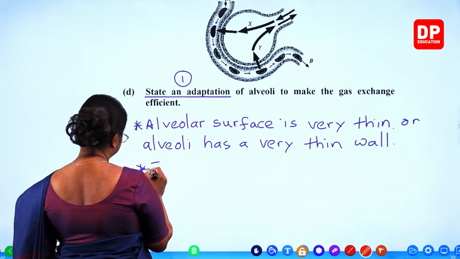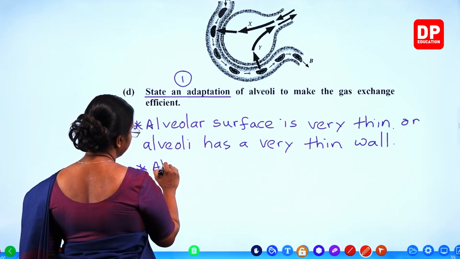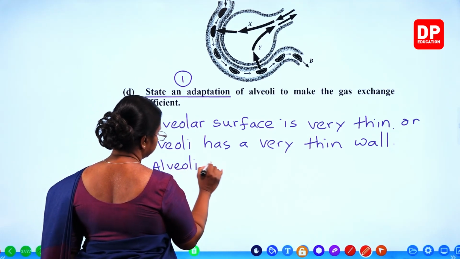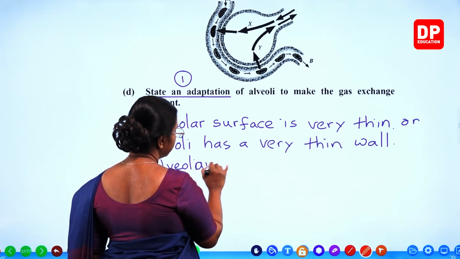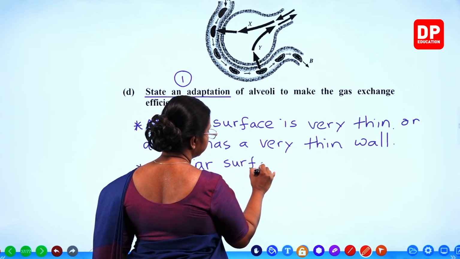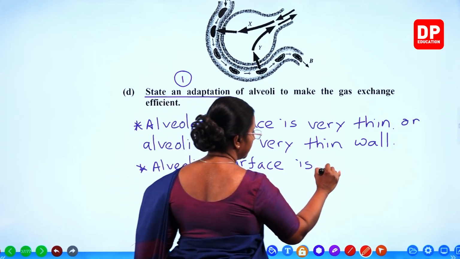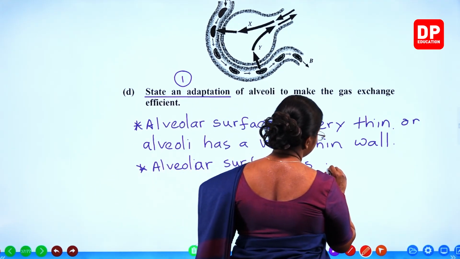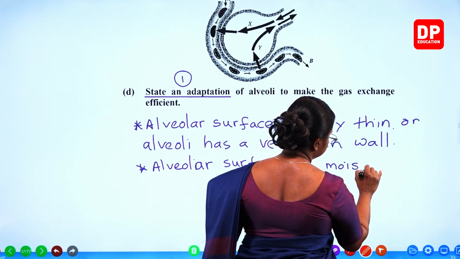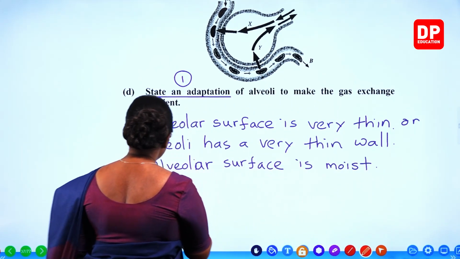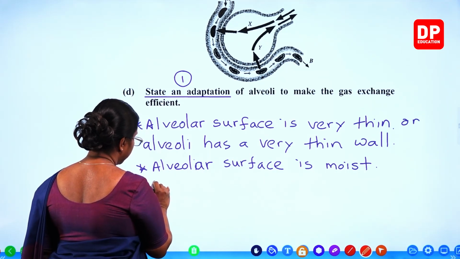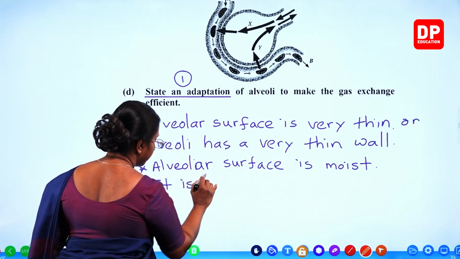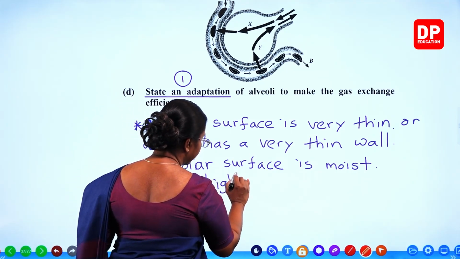We can say alveoli or alveolar surface is moist. Then it is highly vascularized.